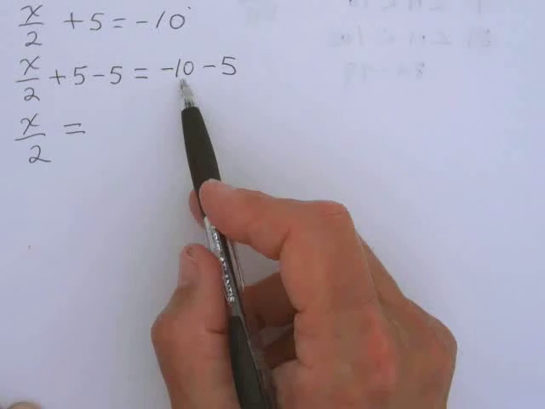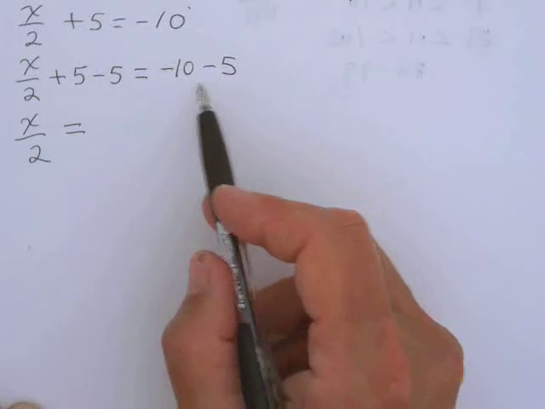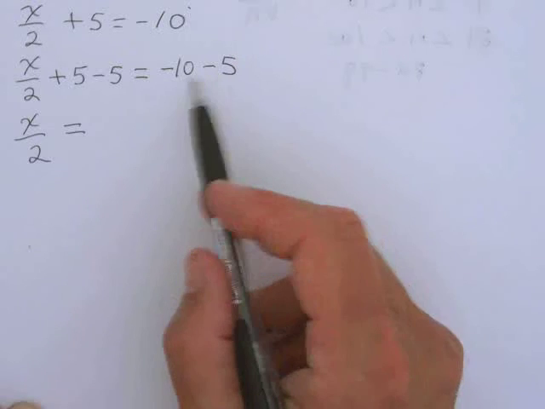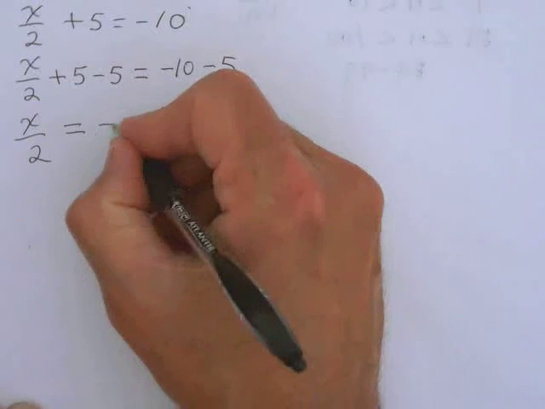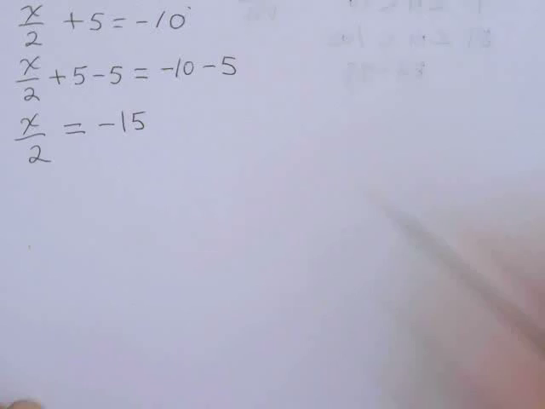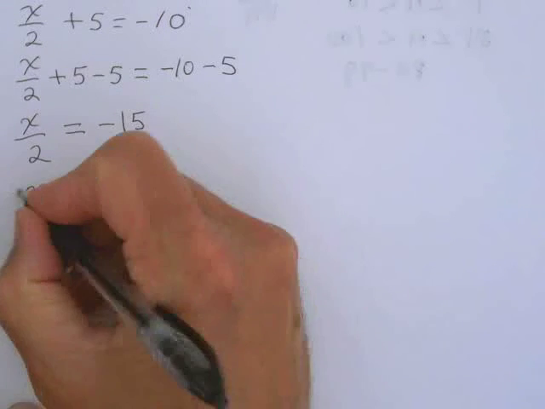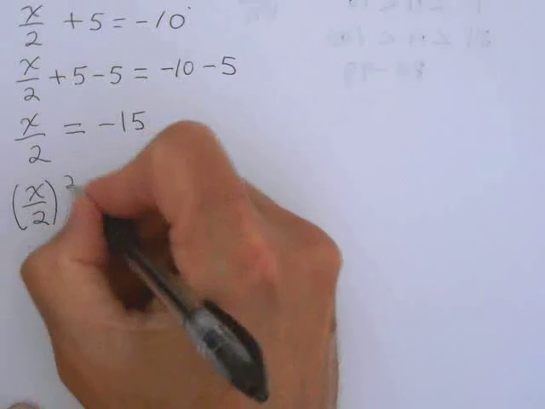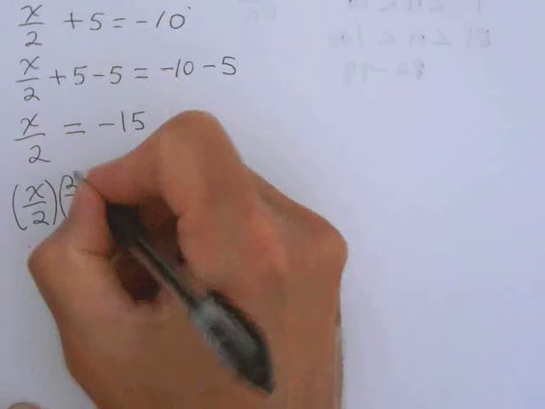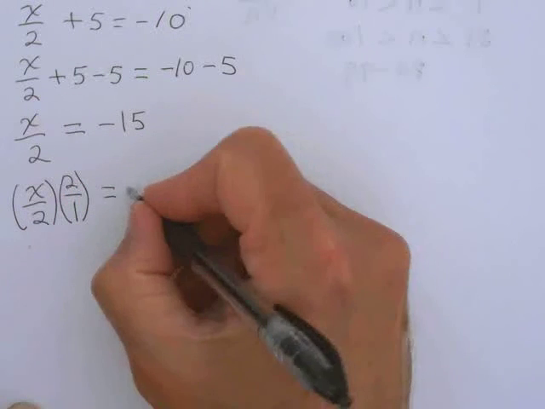Well, negative 10 minus 5, I'm going to take 5 away from negative 10, which would mean I would be at negative 15. I moved 5 places to the left from negative 10. And now I've got to isolate that x. So what I'm going to do is multiply both sides of this by 2 over 1. Use some parentheses to indicate multiplication.